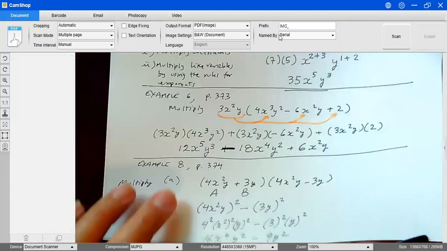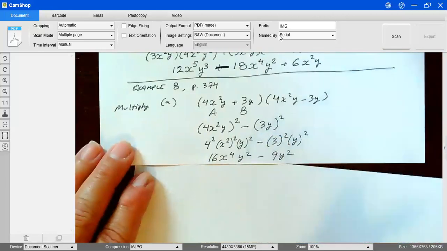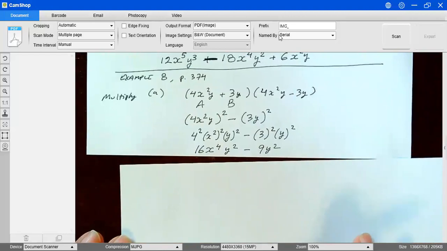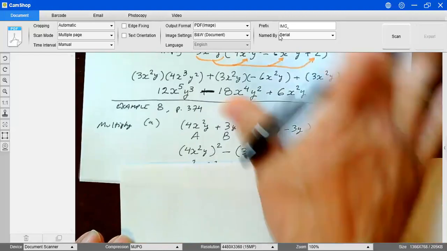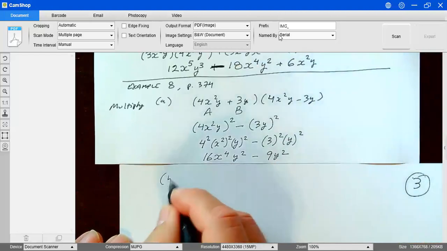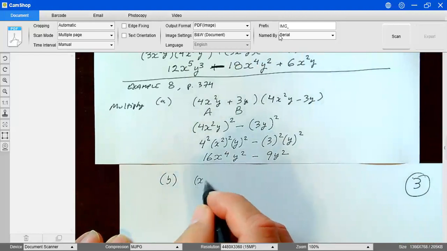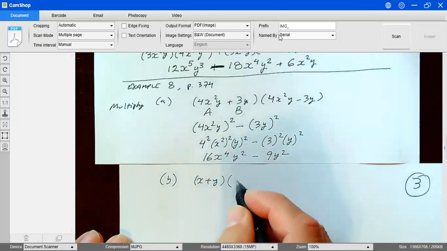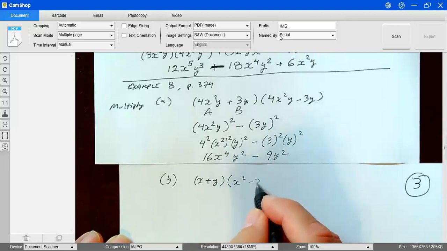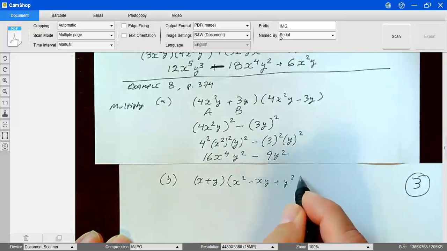So now part B. So we have part B, which is x plus y that multiplies x squared minus xy plus y squared.